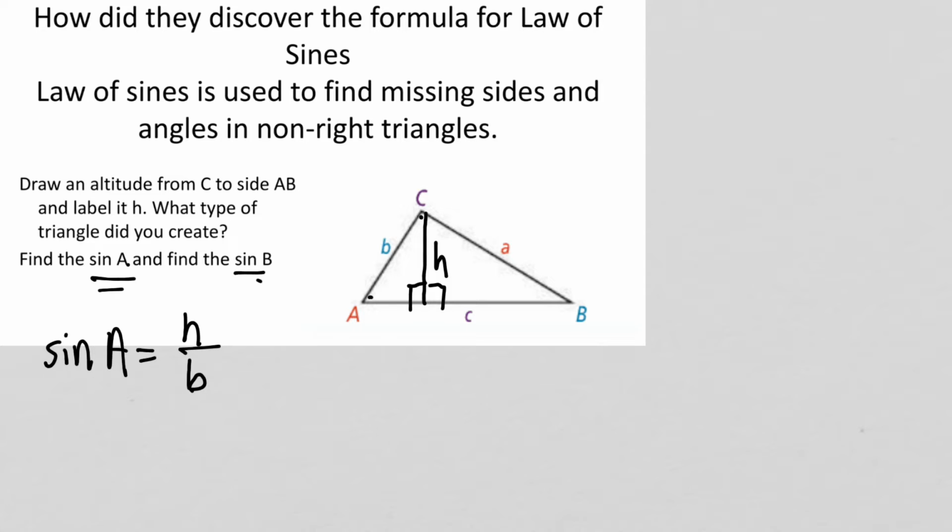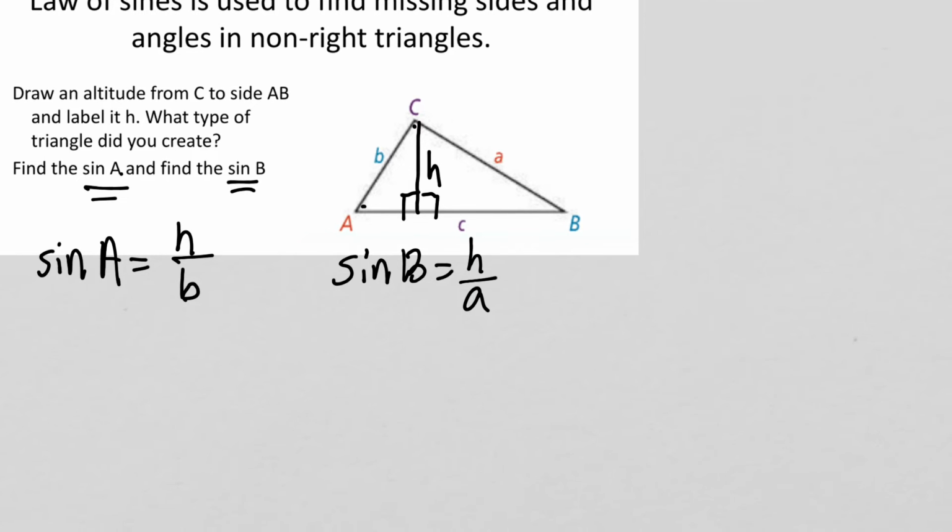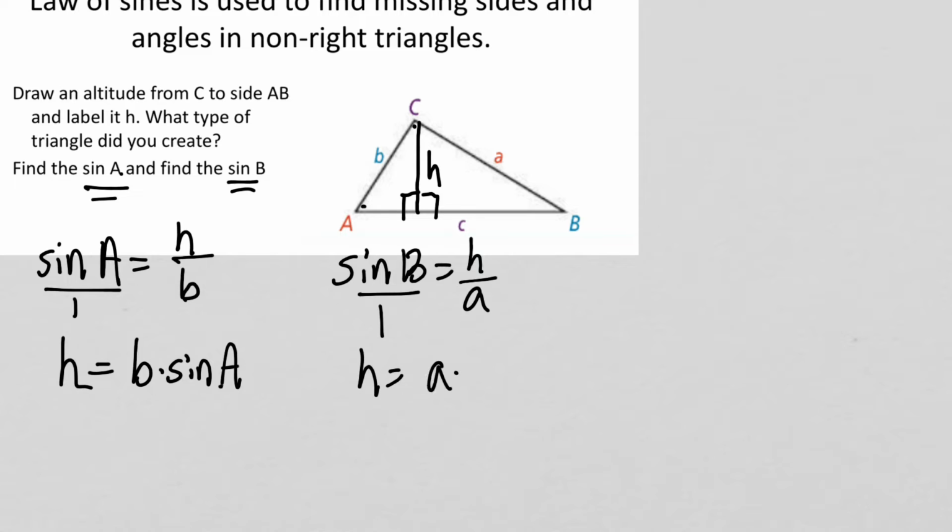Now I'm going to find sine B from the triangle on the right. Sine B, opposite is also H, and the hypotenuse is a. If you notice, what are they both sharing? H. So I'm going to cross multiply here. H is going to equal b times sine A. H over here is going to equal a times sine B.